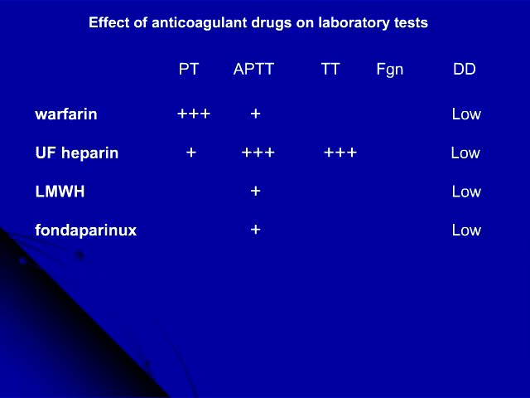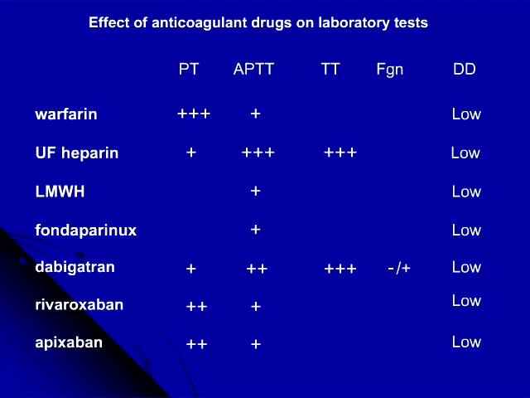So I think most clinicians are aware of the effect of drugs such as warfarin and unfractionated heparin on routine coagulation tests such as the prothrombin time and the activated partial thromboplastin time. And most clinicians are aware, of course, that the APTT is much less sensitive to 10A inhibition than it is to thrombin inhibition, as we see with low molecular weight heparins compared to unfractionated heparin.